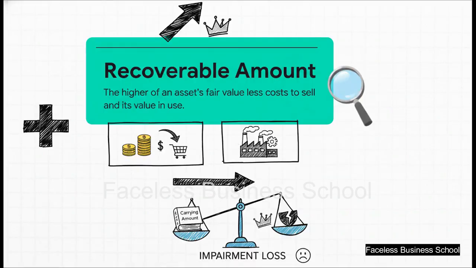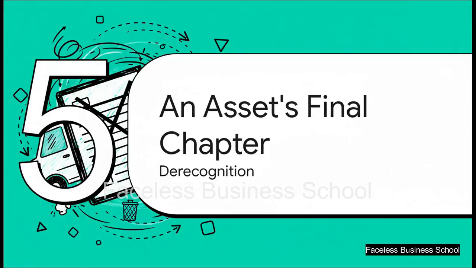And this recoverable amount is a really key idea. It's defined as the higher of two numbers: what you could get if you sold it today versus the value it'll generate for you by just continuing to use it in the business. If the asset's book value is higher than that recoverable amount, the company has to take an impairment loss to write it down.